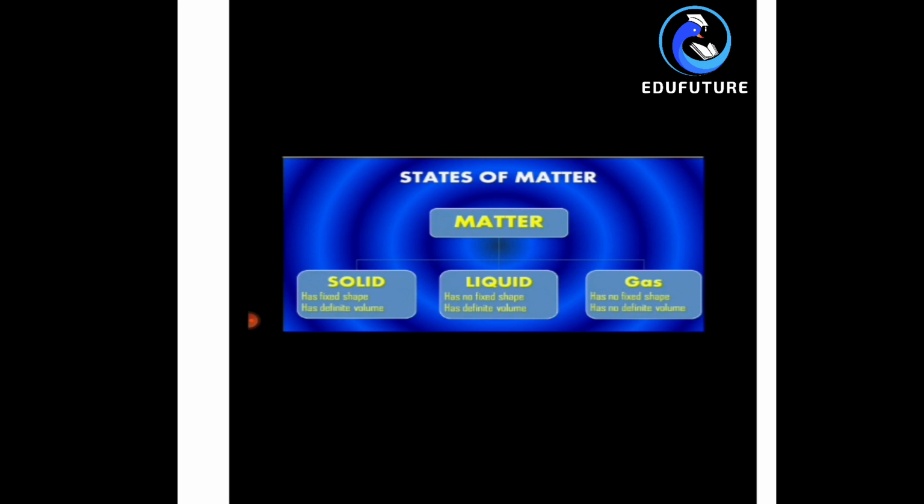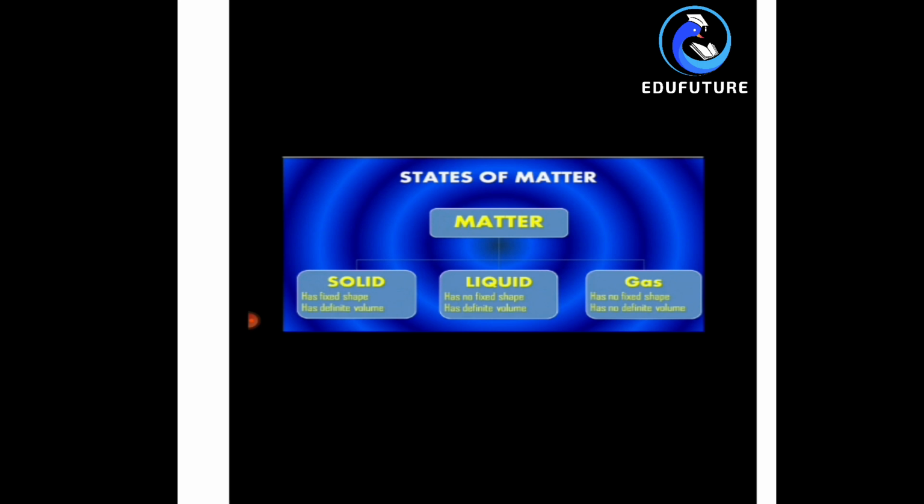As we know, matter is something which occupies space and has mass. Solid. Solid has a fixed shape and definite volume. Like a book. A book has a fixed shape and definite volume. So it comes in the category of solid. Liquid. Liquid has no fixed shape. Like a glass of water.